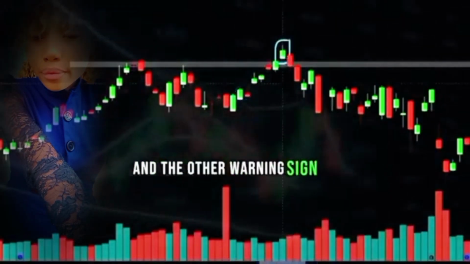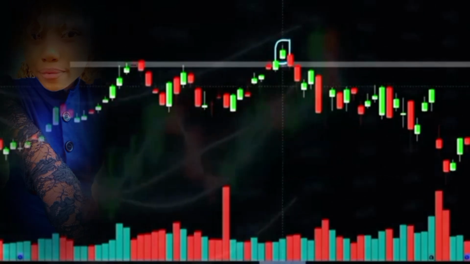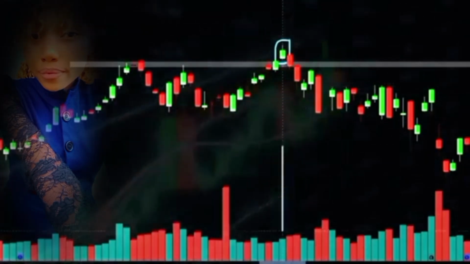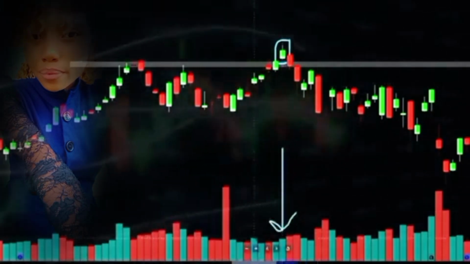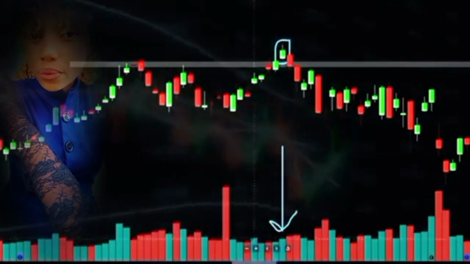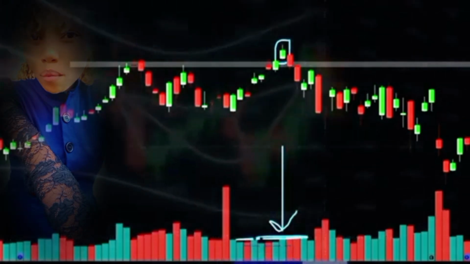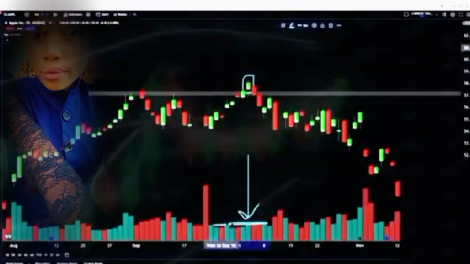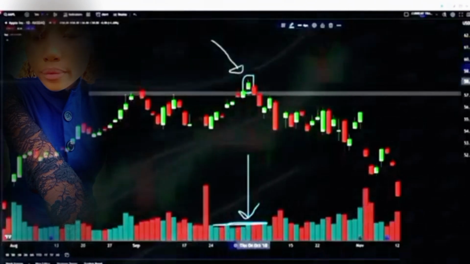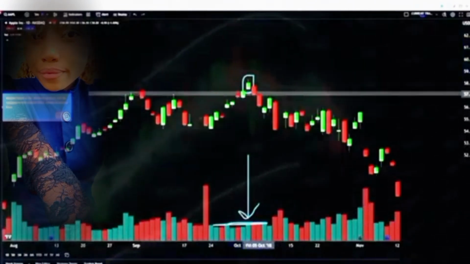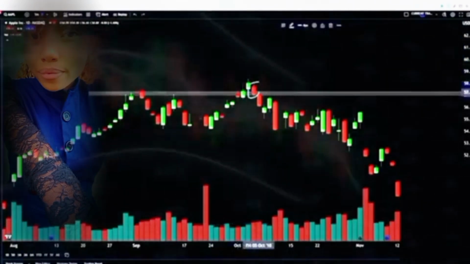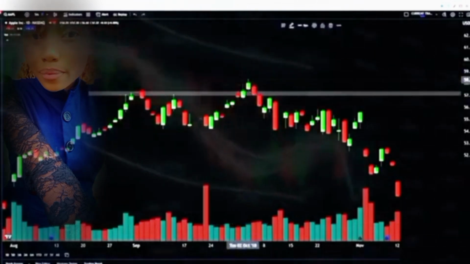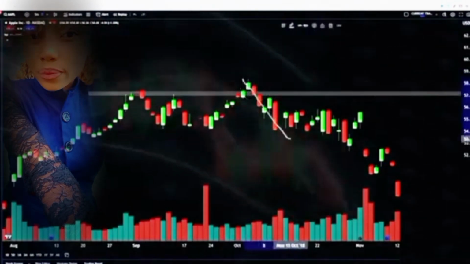And the other warning sign we had on this potential breakout, let's go down here to the volume. You can see that the volume bar here was pretty much the exact same height as the previous volume bars. So we had many warning signs that this was not a strong breakout. And as you can see, just the candle after we saw a red candle, and this was indeed a fake out, and the price started to push down.